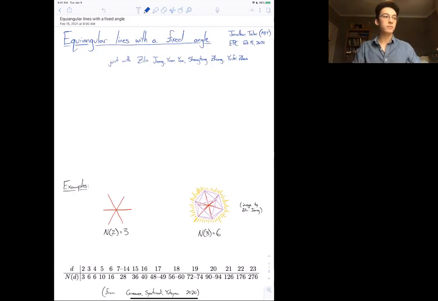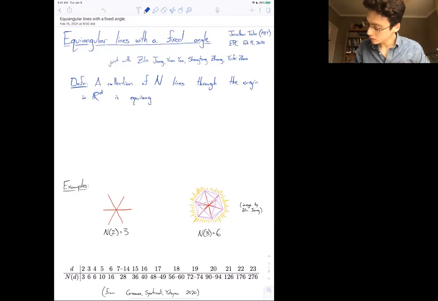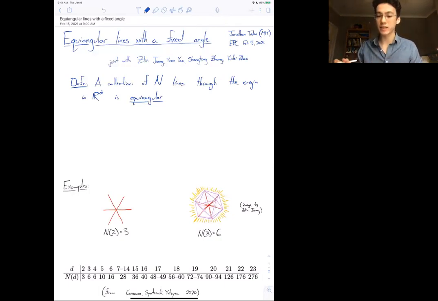So let's start with a very simple problem in discrete geometry that dates back maybe to the 30s and 40s even. So we say that a collection of n lines through the origin in d-dimensional Euclidean space is equiangular if every pair of lines makes the same angle.